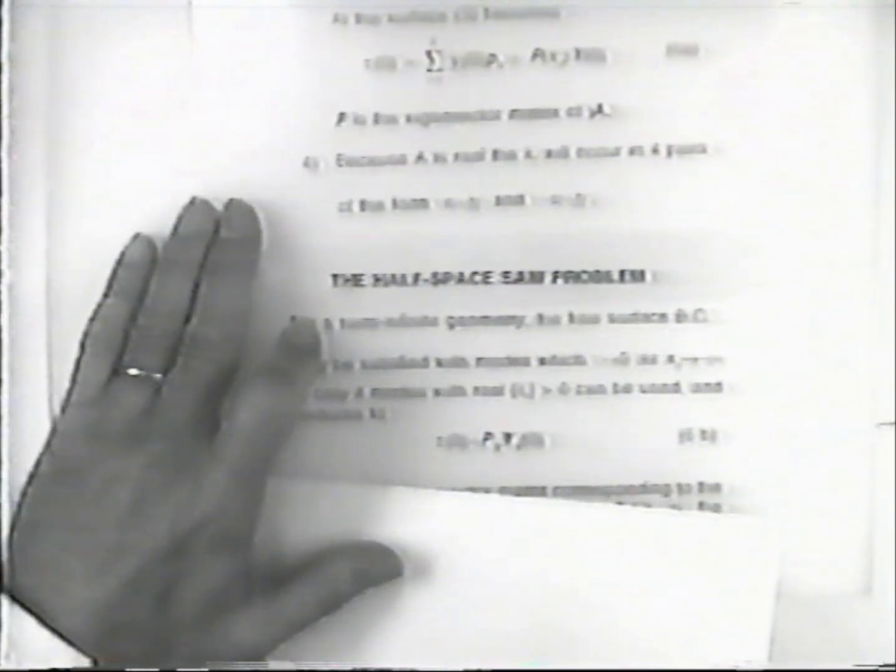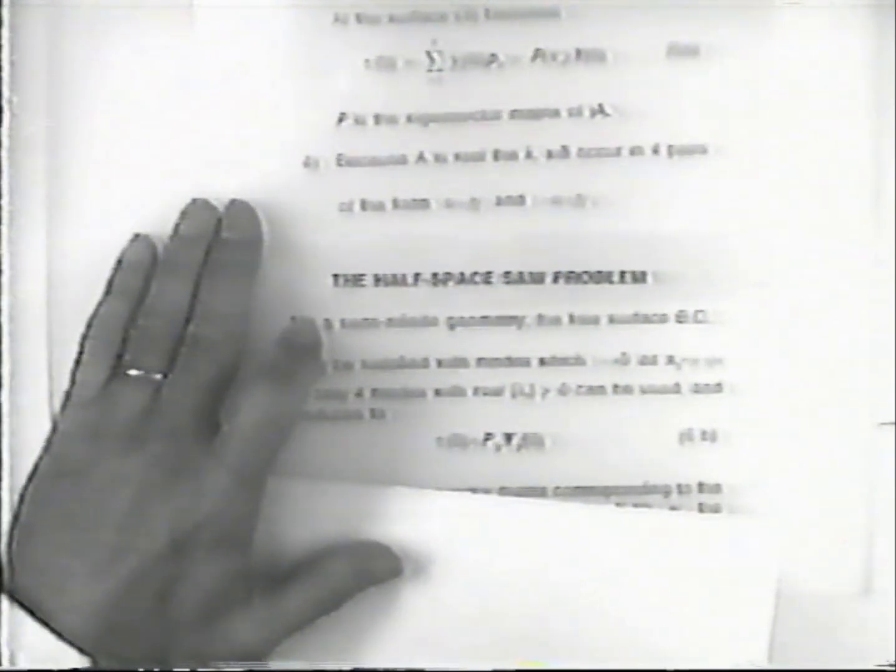So if the z-axis is vertically upwards, the only solution types which will decay with depth, which is the negative z-axis, are the ones which have the positive sign.